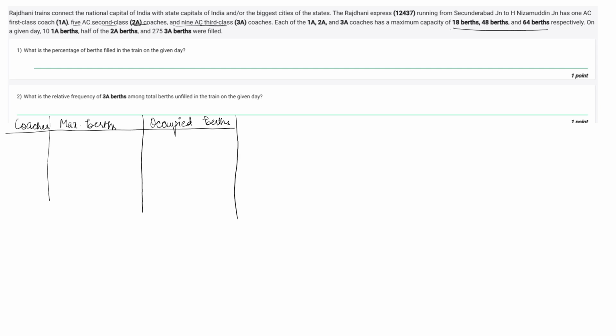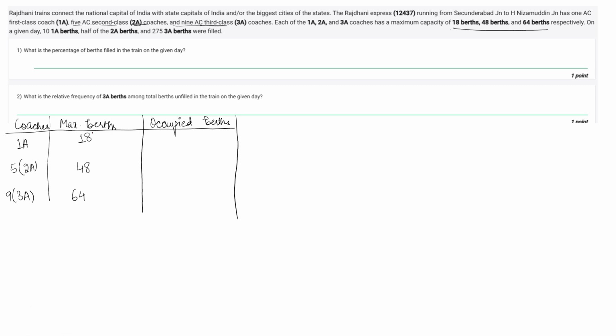So now we have 1 1A coach, 5 2A coaches, 9 3A coaches, and now the 1A has 18 berths, 2A has 48 berths, and 3A has 64 berths.